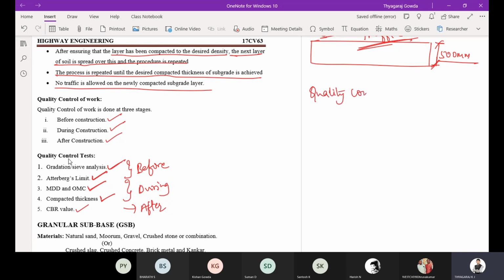When they ask for a test or check, you have to write the experiment names: sieve analysis, Atterberg limits, MDD and OMC, compacted thickness and CBR value. Is it clear? The subgrade soil.